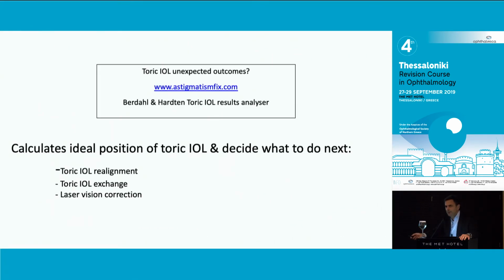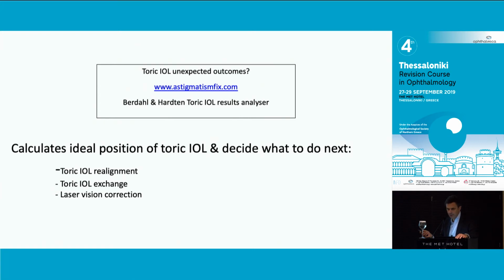The easiest thing to do if your patient does have a residual astigmatism and is unhappy is just go on to a website called astigmatismfix.com, because then what you do, based on your post-cataract surgery refraction and the position in which the lens should have been and which the lens is, you will get the best possible advice if it is worthwhile to rotate the lens or not. If it is, then I will have no hesitation, comforted by the result of the Astigmatismfix website, to go back in, explaining to the patient, and rotate the lens in position.